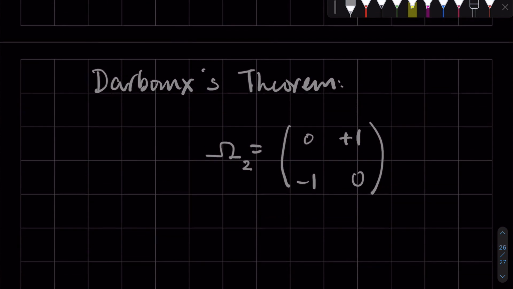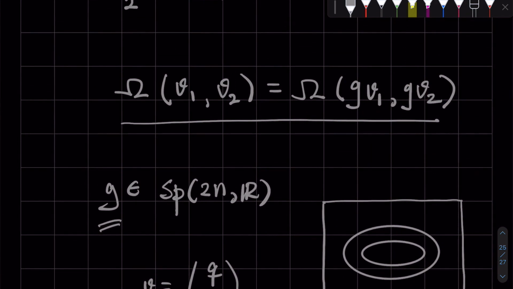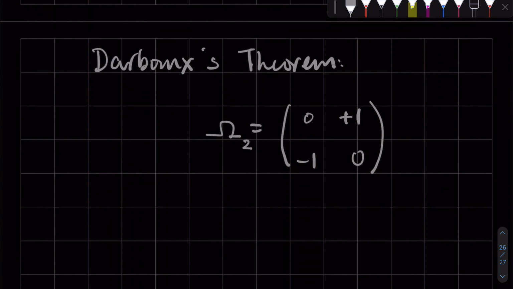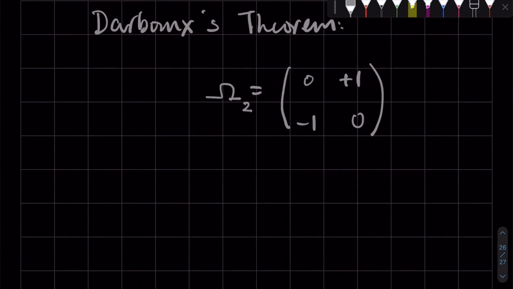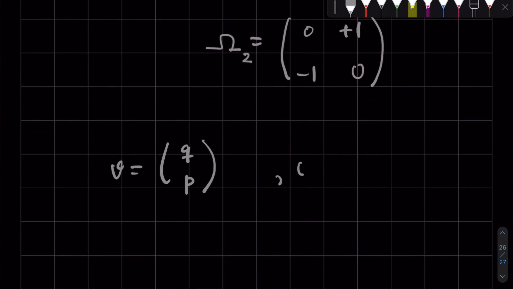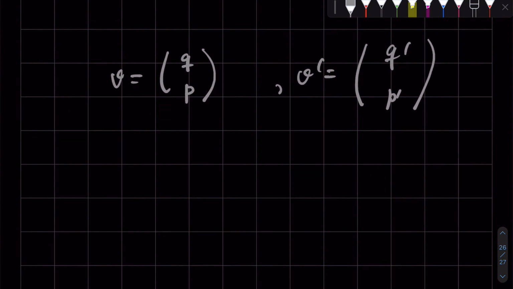Okay, so now if I look at the definition of the symplectic group, then what do we get? V is (Q, P), and V prime is some other (Q prime, P prime), and Darboux's theorem is telling us that omega is (0, 1; minus 1, 0).